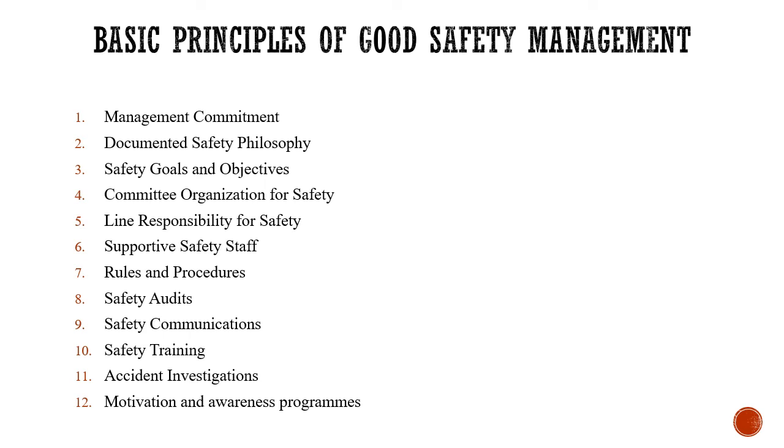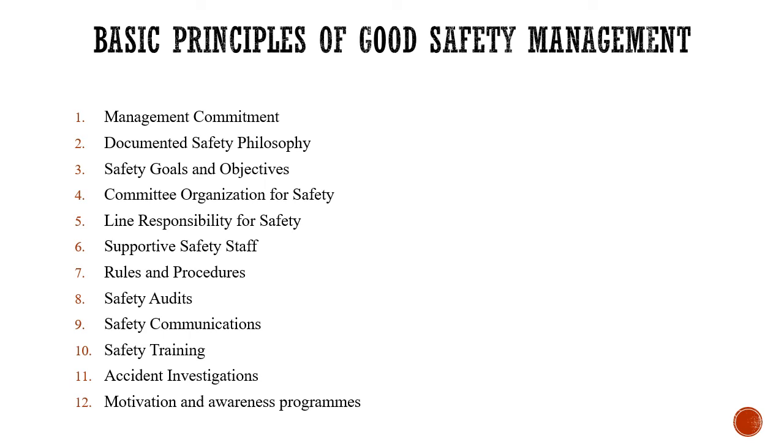That is, the management has a commitment towards the safety, and there should be a documented safety philosophy. There should be a certain set of goals and objectives for maintaining safety in the organization. There should be enough supporting staff for safety and line responsibility for the safety. There should be a set of rules and procedures for maintaining safety.